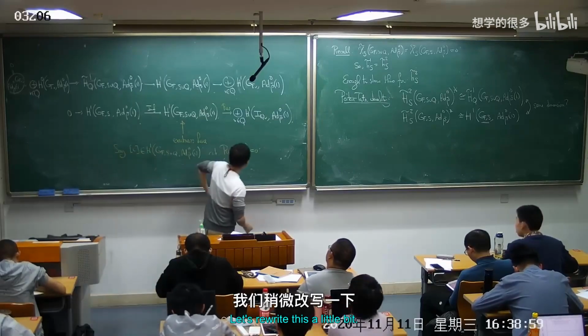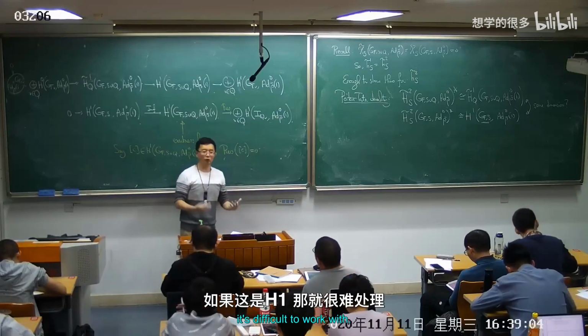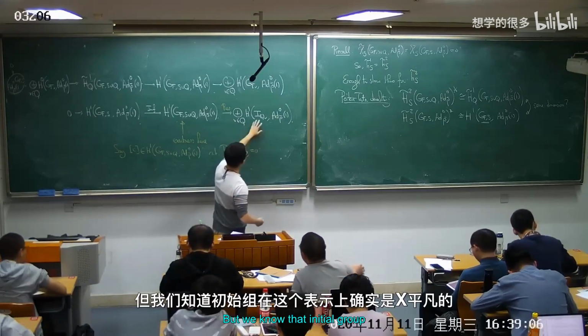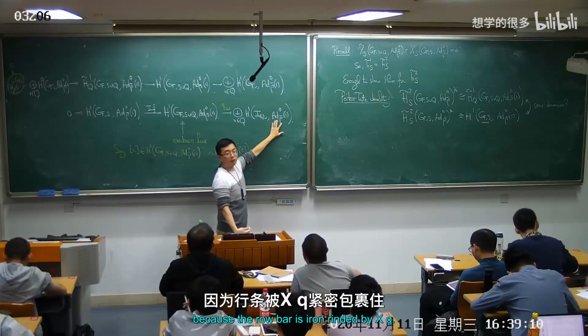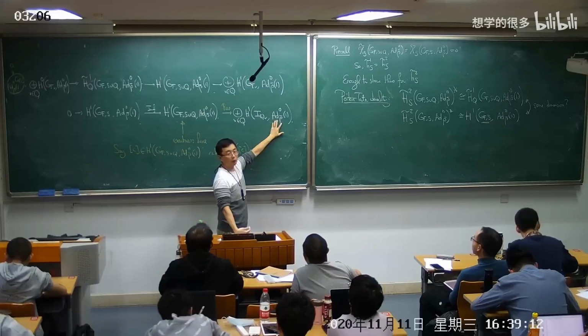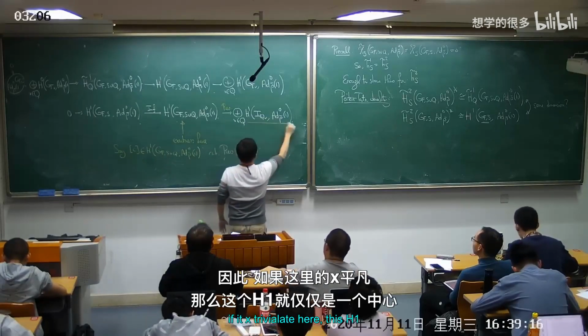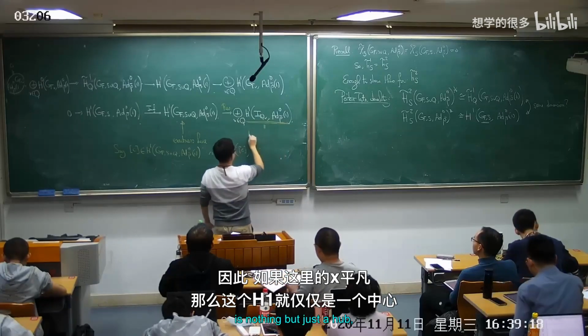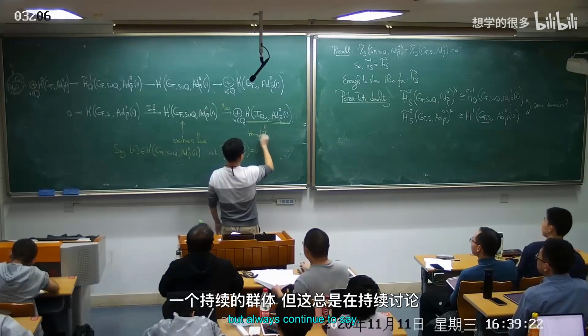Let's rewrite this a little bit. If it's H1, it's difficult to work with. But we know that the inertial group really acts trivially on this representation because rho bar is unramified at Q. So this acts trivially here. If it acts trivially here, this H1 is nothing but just a Hom, a continuous group Hom. I mean, always continuous.